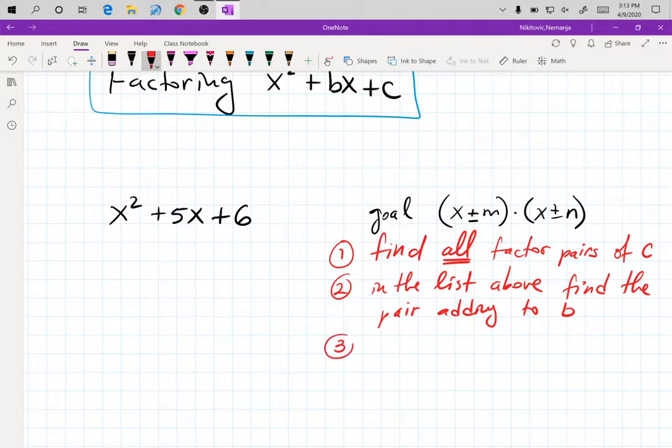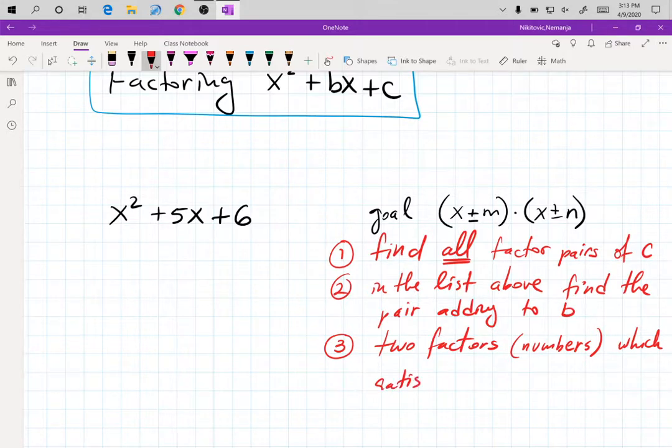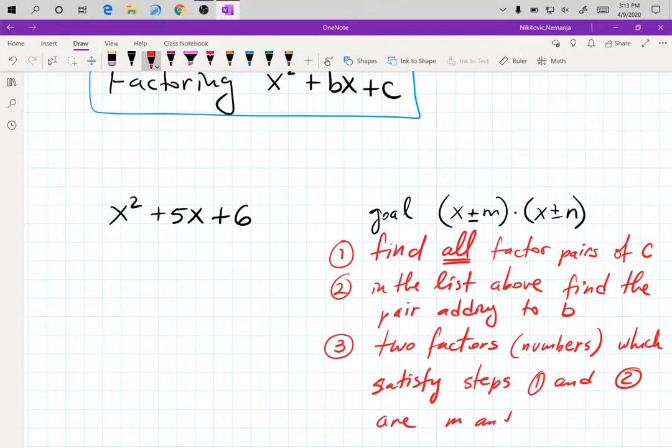So the two factors, numbers, which satisfy steps 1 and 2 are m and n.